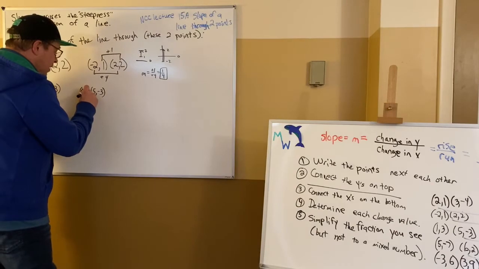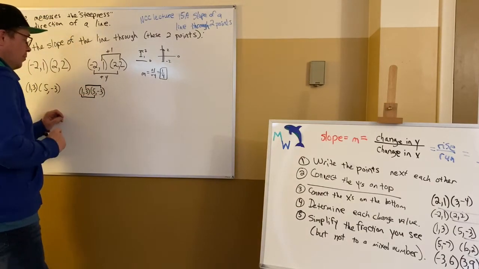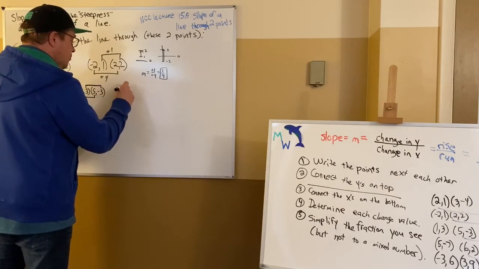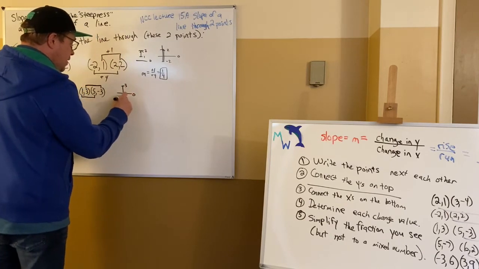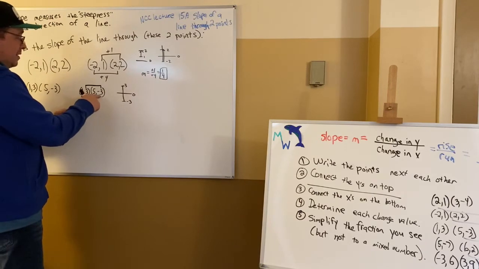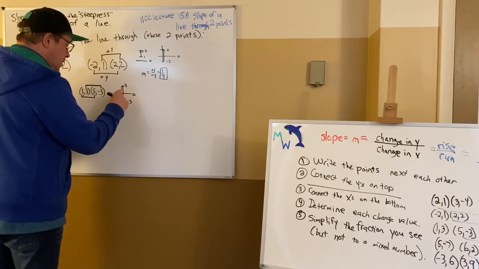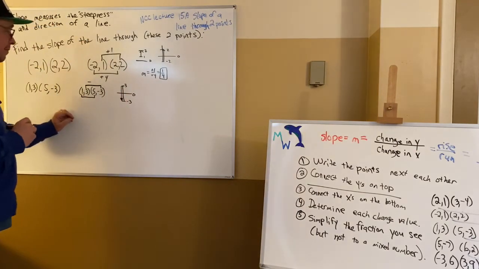I do have to connect the y's on top from 3 to -3, and the x's on the bottom from 1 to 5. So for our first top, we're at 3 above. Down here is 0, and then our -3 is down here. I have to go from my +3 down to -3. Because I go downward, I'm going to put a negative.